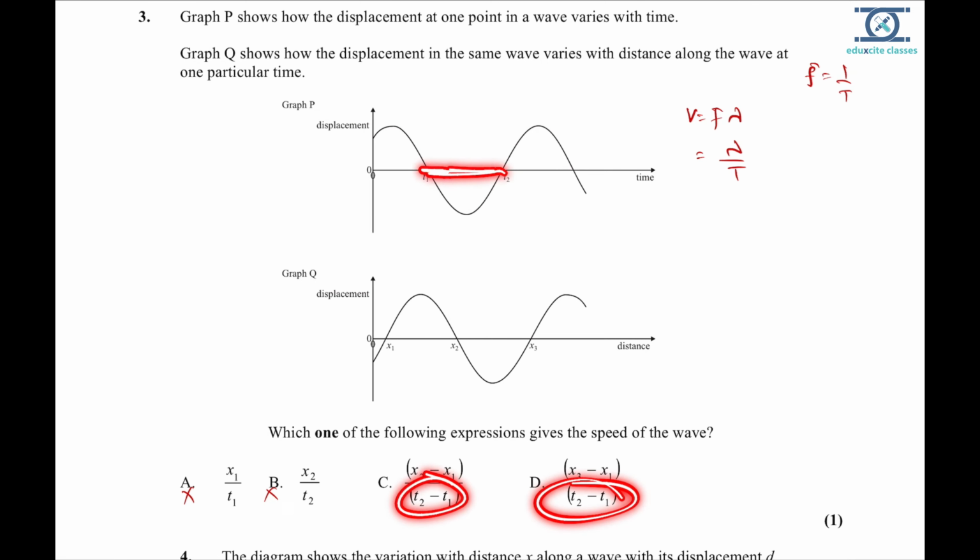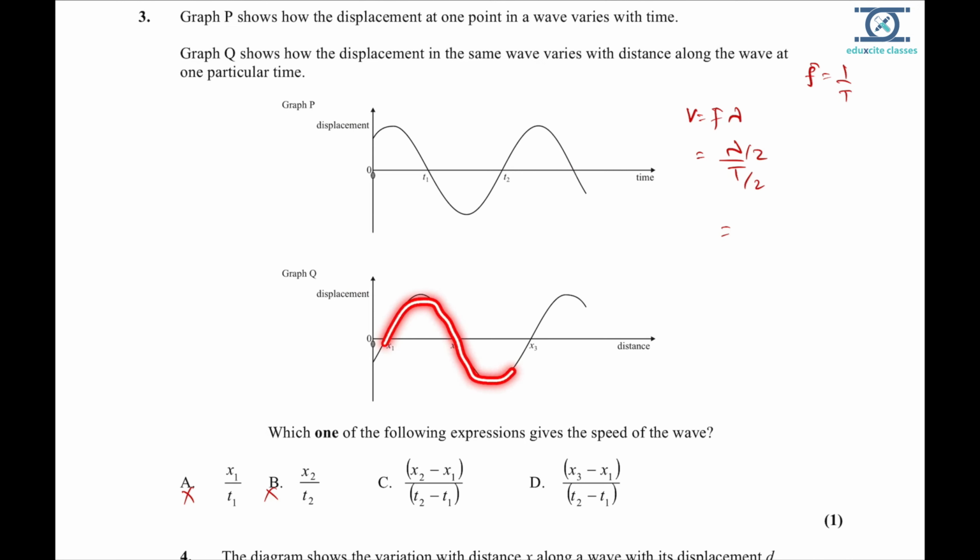So t2 and t1 is the half time period. So can I divide by 2 on both numerator and denominator? If this is lambda, lambda by 2 will be this distance. So I can write this as x2 minus x1 upon t2 minus t1. So option C is the right answer.